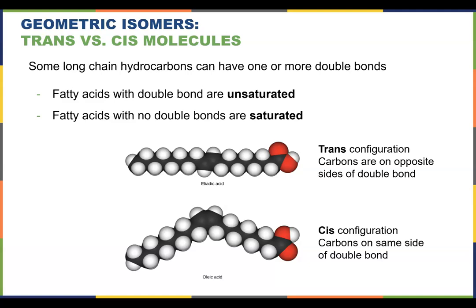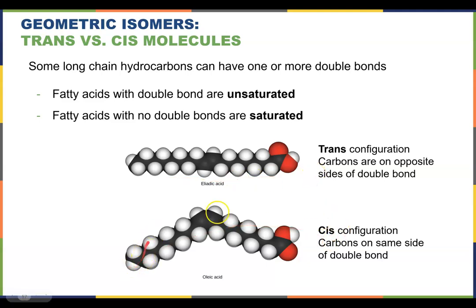Here's a look at those cis and trans. So this molecule here, these are all carbons that are making up the center black structure. It's not a very good structure, but the carbons are in the center, and these little bumps are hydrogen. This is a trans fat, so nice and linear.